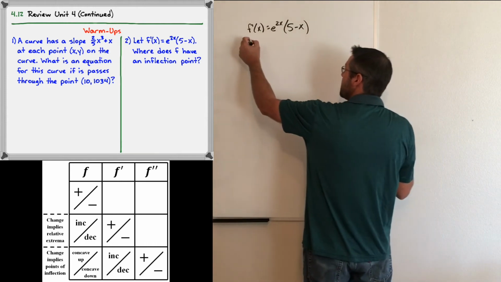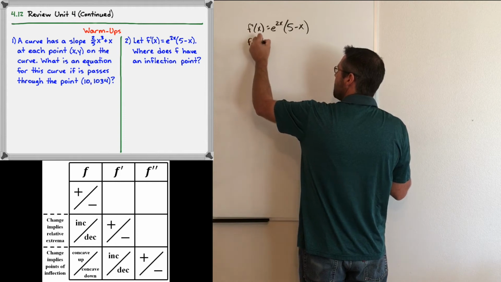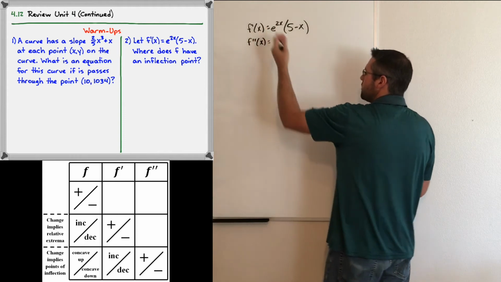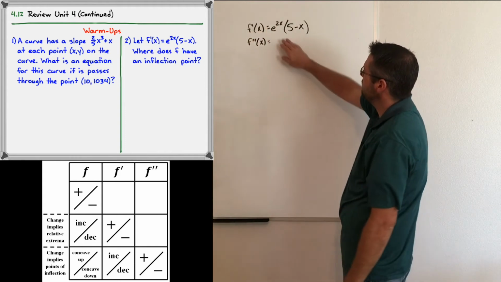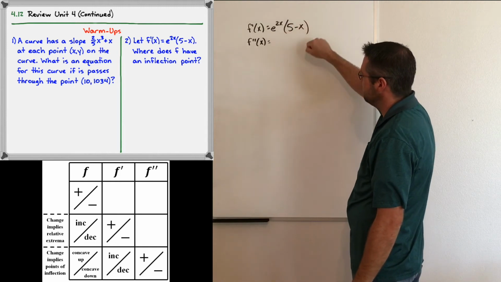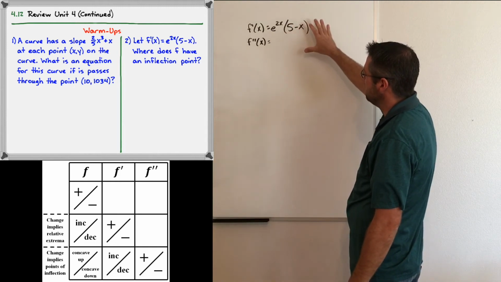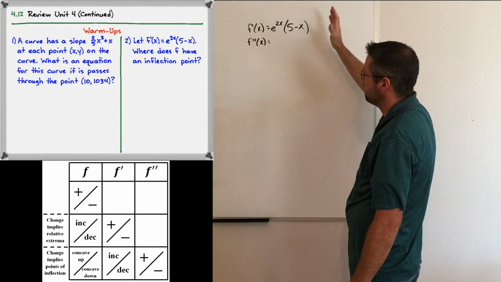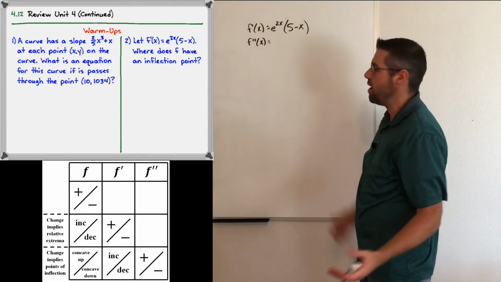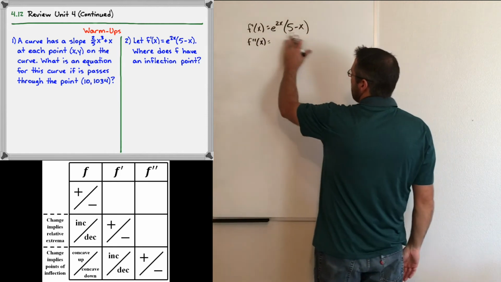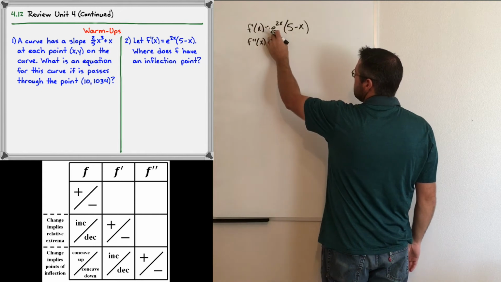So we need to take the second derivative first of all. And there is a couple different methods of figuring out the second derivative here. We could have distributed this and then taken the derivative. I just like the idea of using our derivative rules just to get more and more practice out of this. So we're going to use the product rule here. The derivative of e to the 2x.